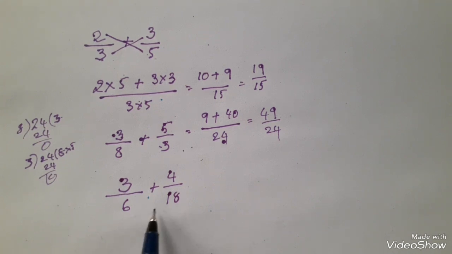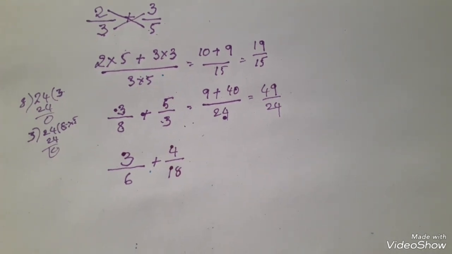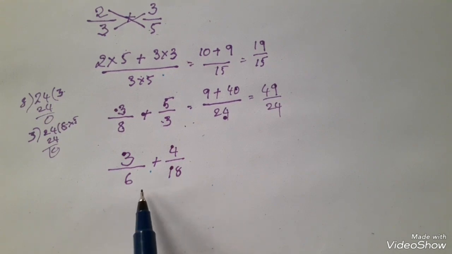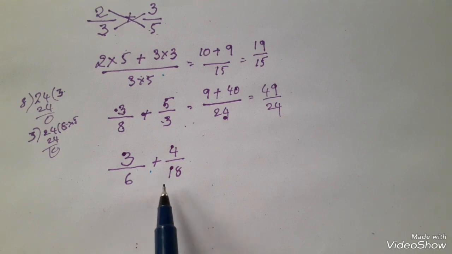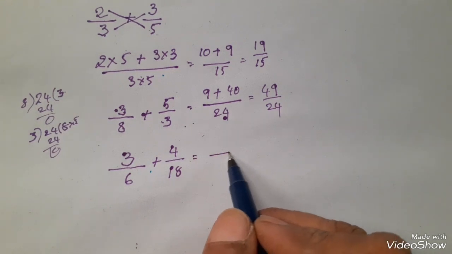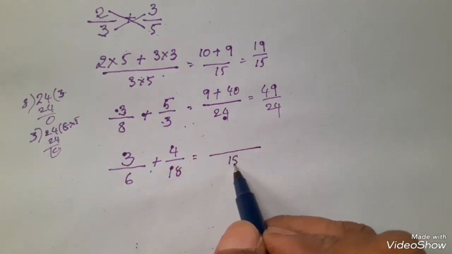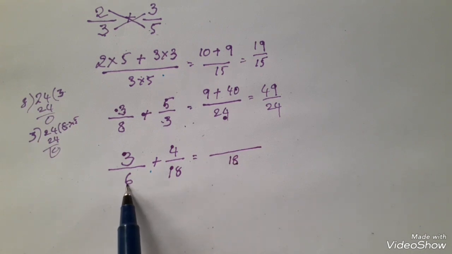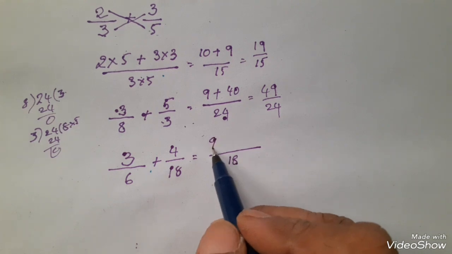Then you take the LCM of 6 and 18. LCM is the least common multiple. What is the least common multiple? 18. Now 18 is divided by 6. We get 3. 3 into 3, 9.